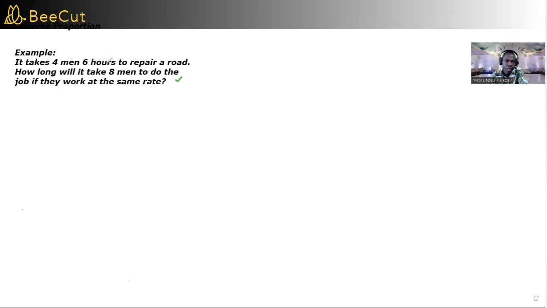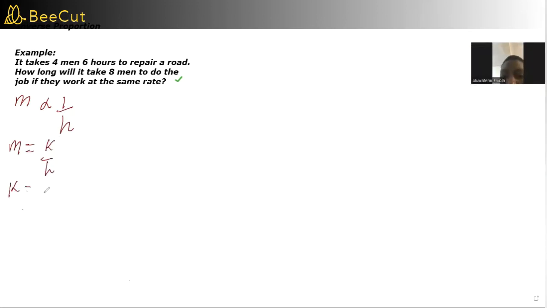Men versus hours. Men versus what? Hours. Very good. So men is inversely proportional to the number of hours. So I'm going to put a constant here. So M equal to constant over H, where my constant equals MH.